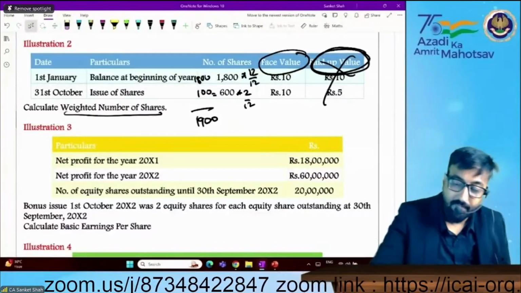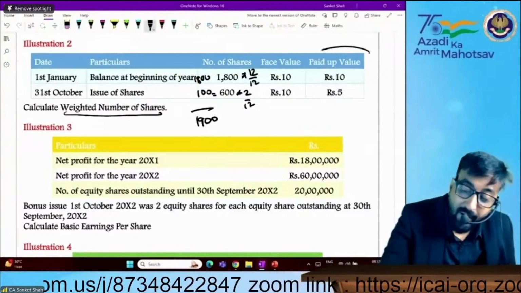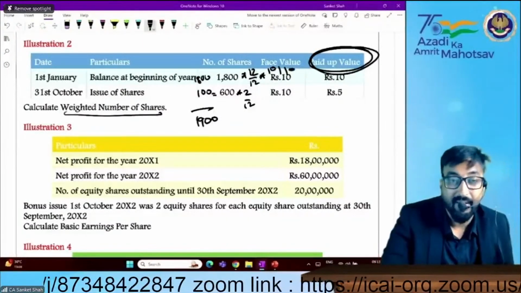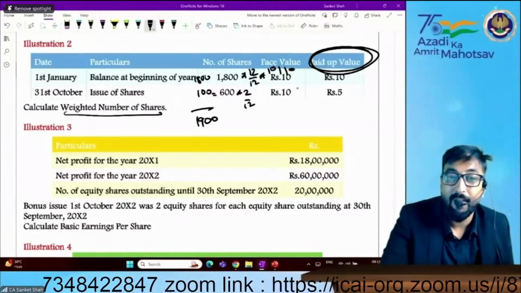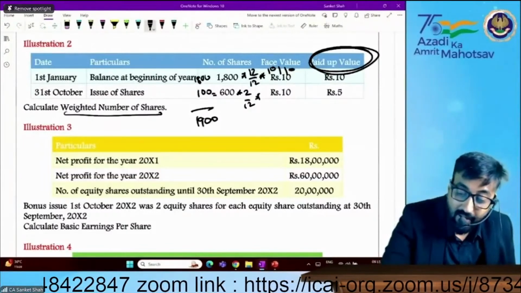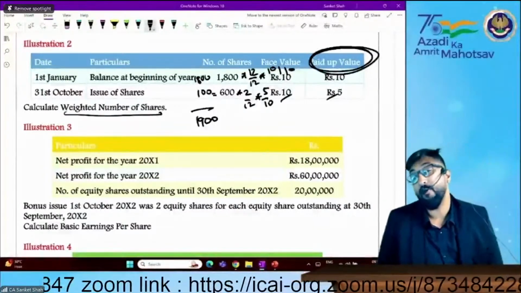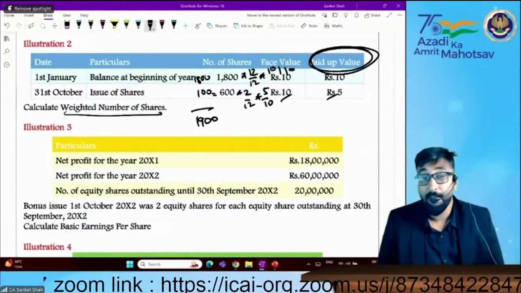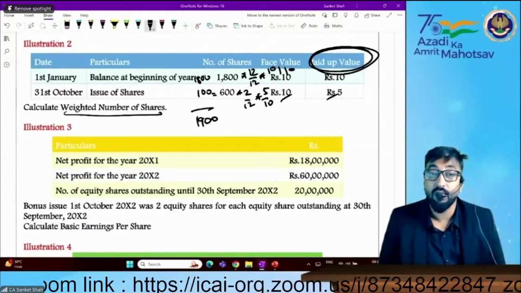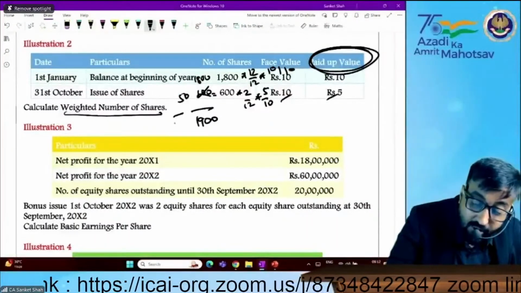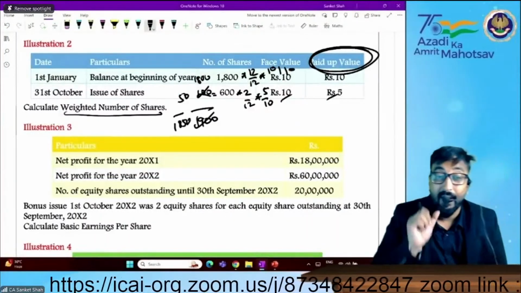But see, if paid up value is different then I will take paid up value divided by face value. Here I won't take 10 by 10, because paid up value is 5 and face value is 10. So I should not consider 100, I should consider 50, so my answer will be 1850.